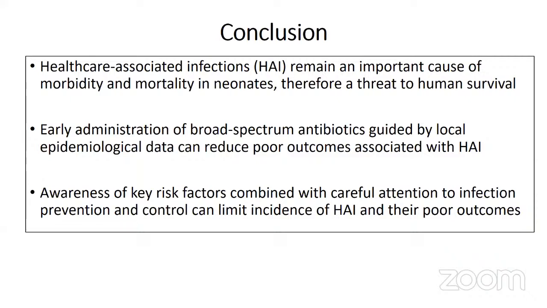But if we've missed the boat, we did not manage to prevent them, we pick up this infection, then early administration of antibiotics is important. And of course, we need to be aware as to which neonates are at risk of infection and pay even more attention to those babies. I thank you.